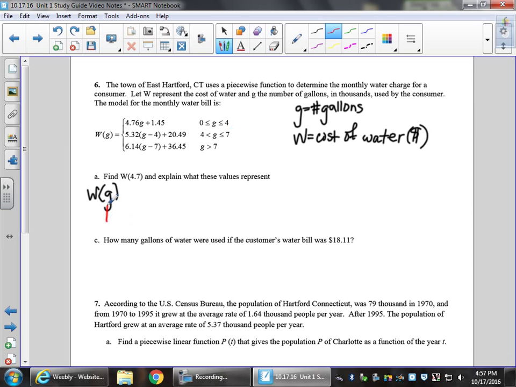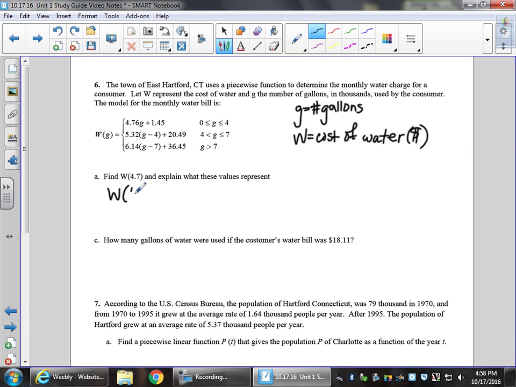So again, remember your function notation. I am being given a value for G, and G is all about gallons, and I can go up here and say, okay, well, where does 4.7 fit into my restrictions? Is 4.7 between 0 and 4? No. Is 4.7 between 4 and 7? Yes, it is.